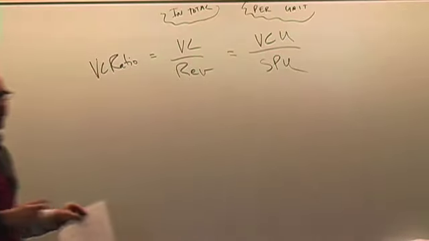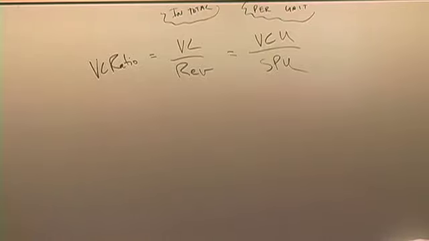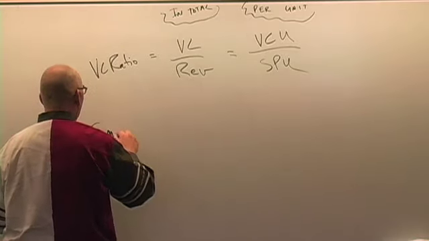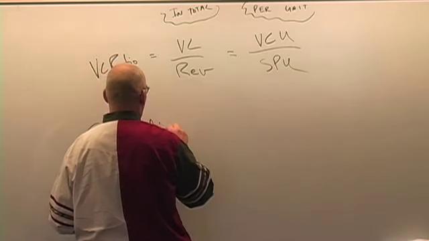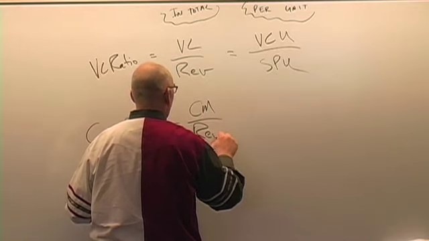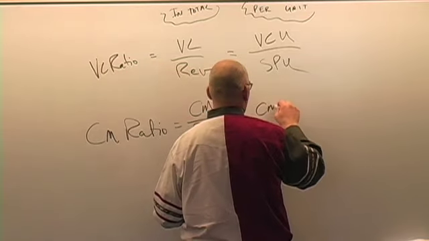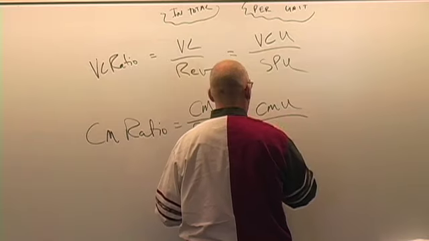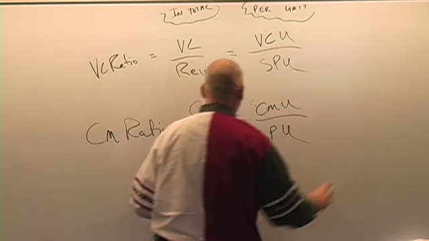And here you very clearly see how I distinguish between totals and per unit amounts. Contribution margin ratio equals contribution margin over revenue equals contribution margin per unit over selling price per unit.